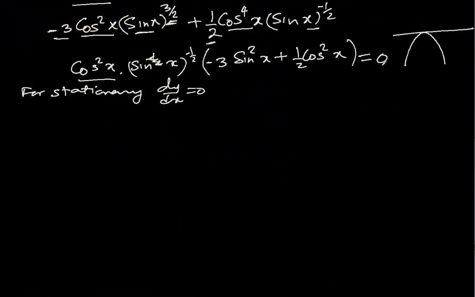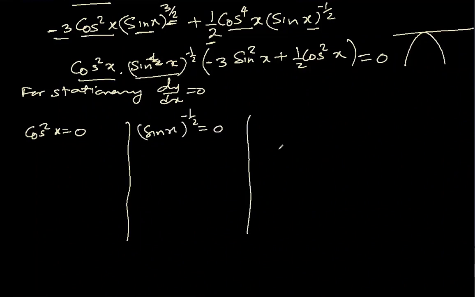That means individually cos square x will be equal to 0. This will also be 0: sin x to the power minus half will be equal to 0. Then this, minus 3 sin square x plus half cos square x, will also be equal to 0.